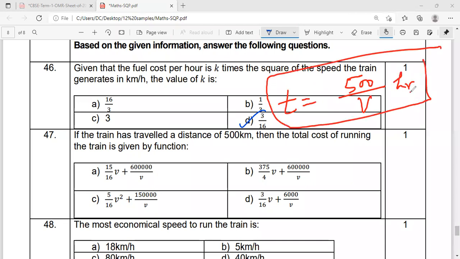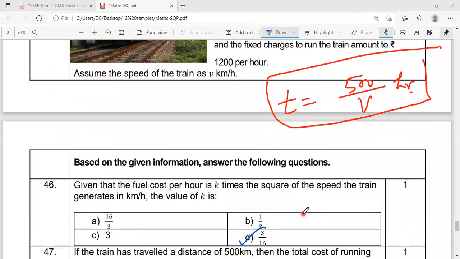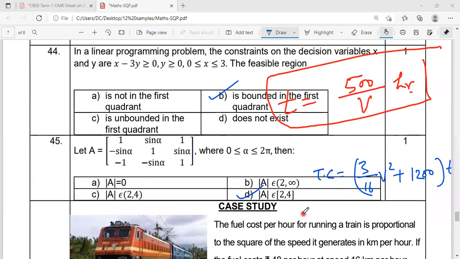If this many hours are taken, our cost will be multiplied by this value. So what was our cost before? Our cost was 3 by 16 V square plus 1200. So now our total cost for this journey is 3 by 16 V square plus 1200, multiplied by the time.